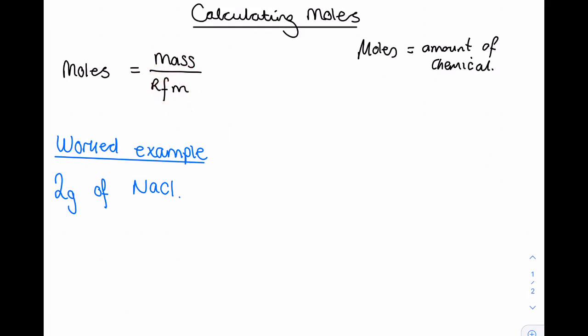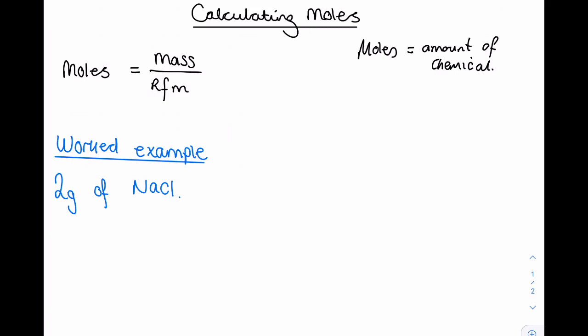So if we have 2 grams of NaCl here, we could work out how many moles that is, so we can compare it to something else. Similarly, if we had 6 eggs, that would be half a dozen, and we know that. We don't actually have to do any calculations with that, but it's a similar idea. It's allowing us to compare how many things we've got by using something as a description.